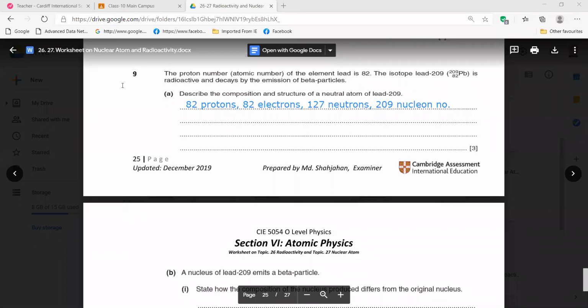Yes, sir, writing. Okay, then nucleons. This one should be nucleons.